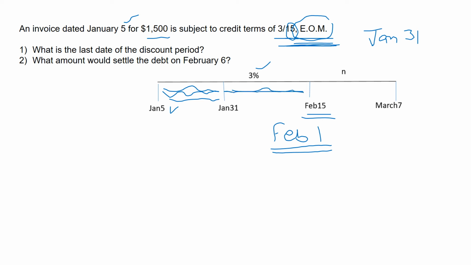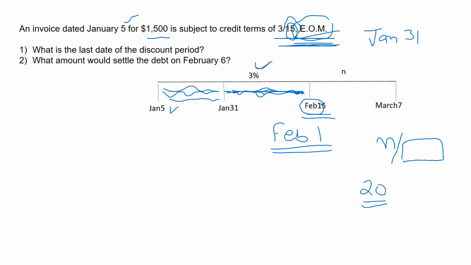If anyone makes the payment in this period, on or before February 15, the person is eligible for 3% cashback. Now the next term, the net term, is missing here, right? But because it is EOM, it means the next term would be for the net amount, N. Now the number of days would be 20 plus the first credit period.